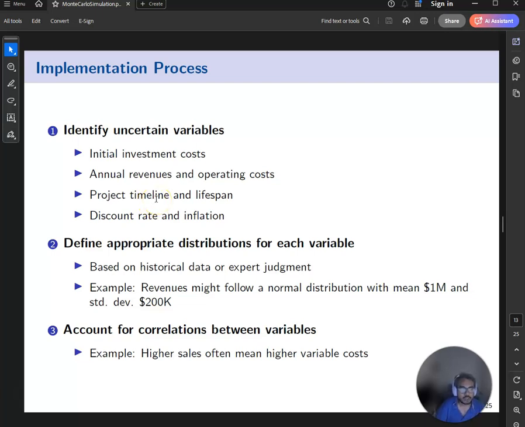So instead of setting values specifically to get a single NPV, we need to pick a distribution that is appropriate for each variable. And that can be based on historical data.